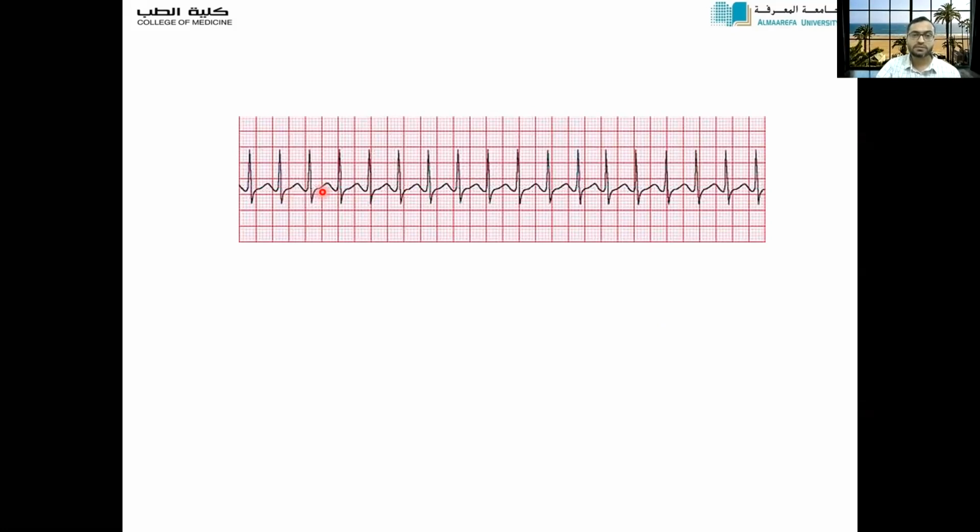Then the question comes, does it originate in atria or ventricle? Just look at the QRS complex. QRS complexes are narrow. It means that the beats are originating in the atrium, above the ventricle, sorry. So these beats are originating in the atrium and the rate is too high. So it's arrhythmia definitely, and tachycardia is there.